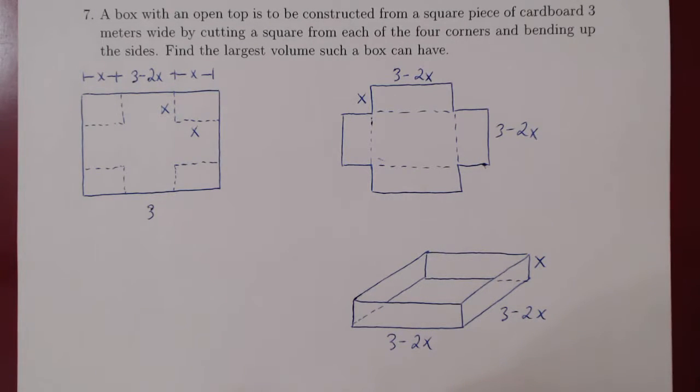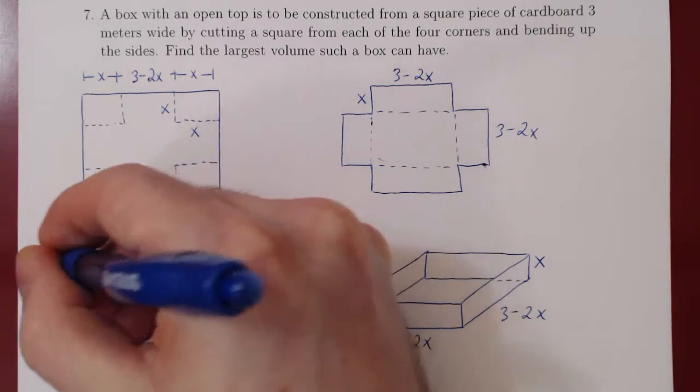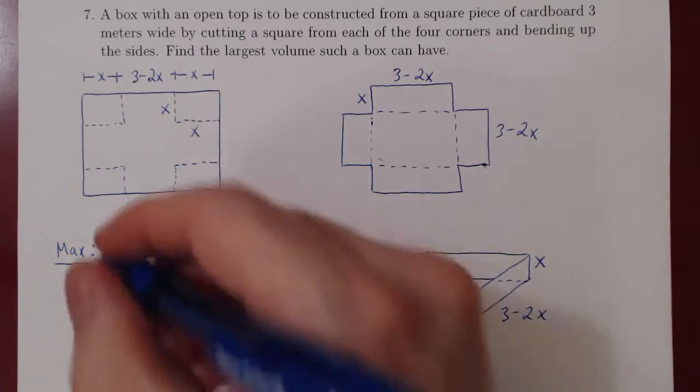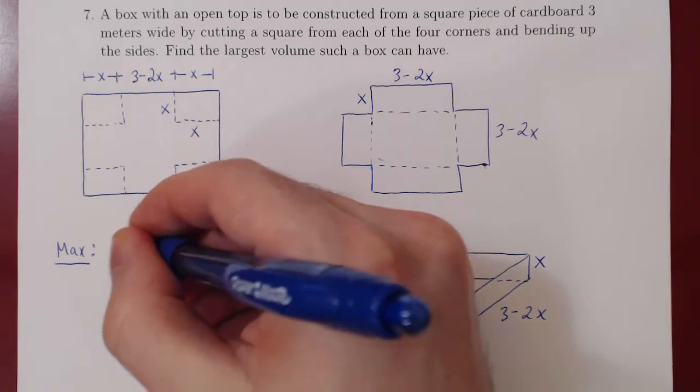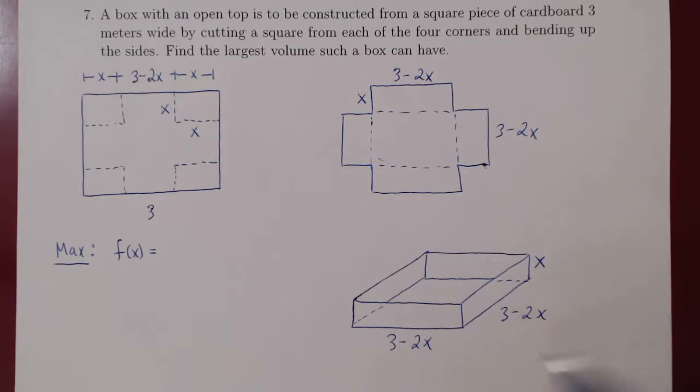And now we're good to go, right? We want to maximize the volume of our box. So we have here a function of x only, call this f of x. You could also call it A of x for area, V of x for volume, doesn't matter. And again, the volume will be the area of the base, so 3 minus 2x times 3 minus 2x, so 3 minus 2x squared, times the height x.